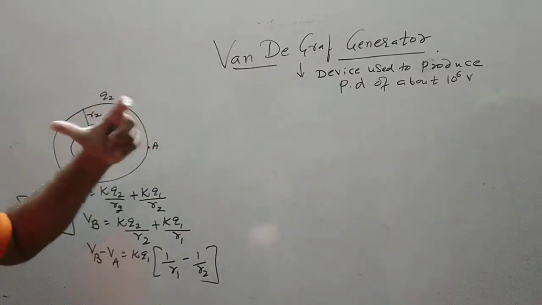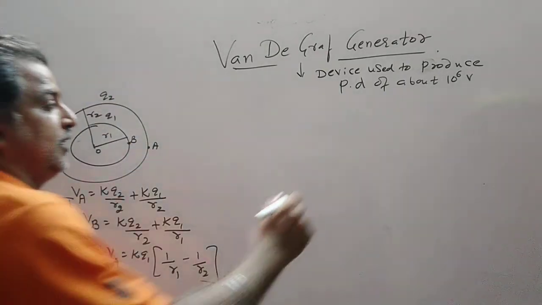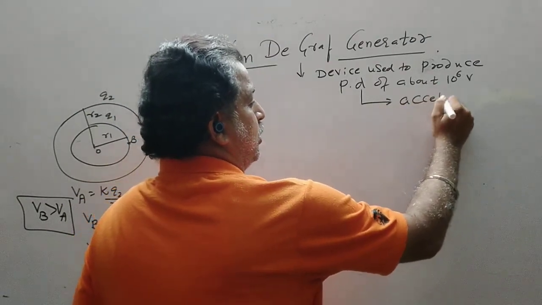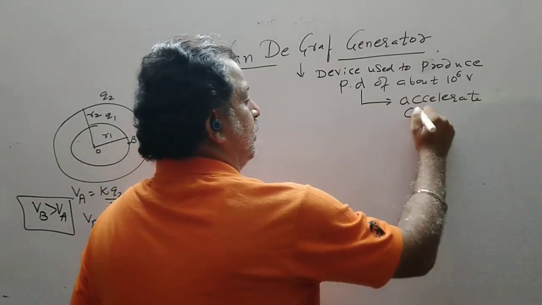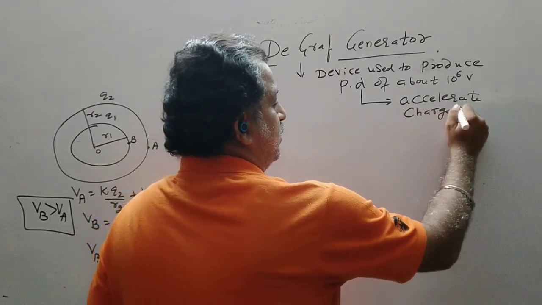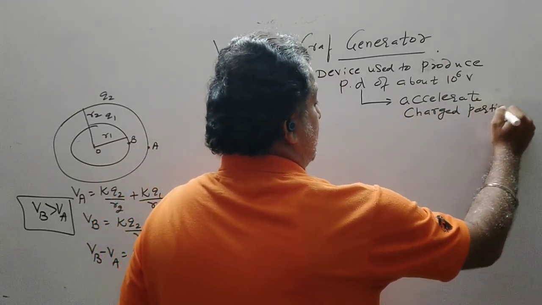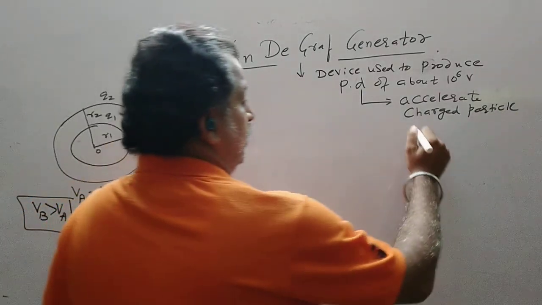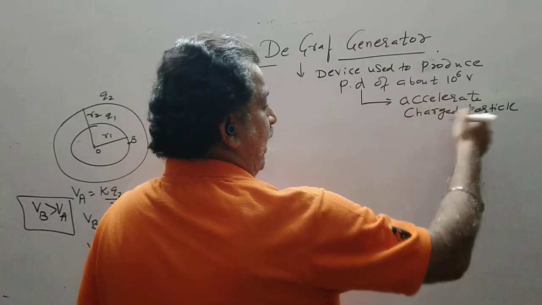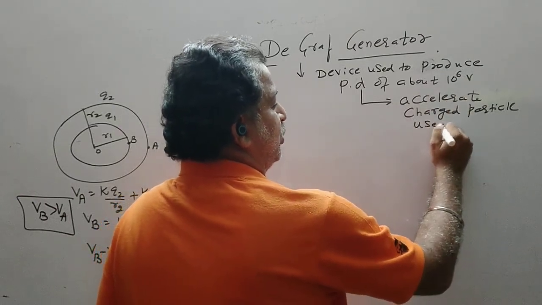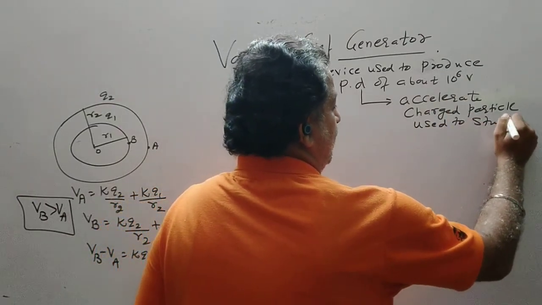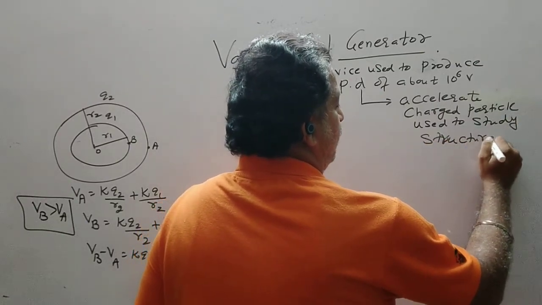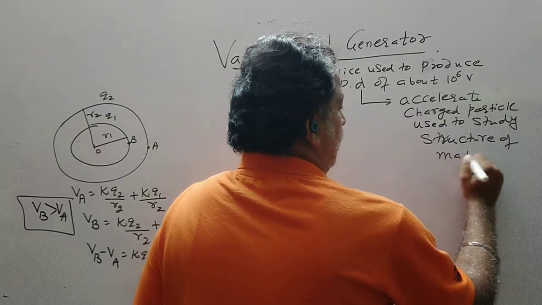So it is a device which will produce a potential difference, and this potential difference value is used to accelerate charged particles. If the potential difference is very high, it can accelerate a charged particle, and this acceleration of the charged particle is used to study the structure of matter.